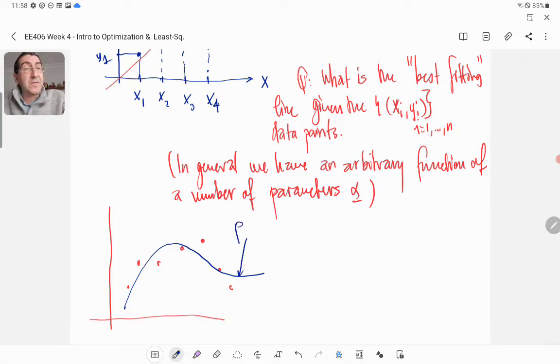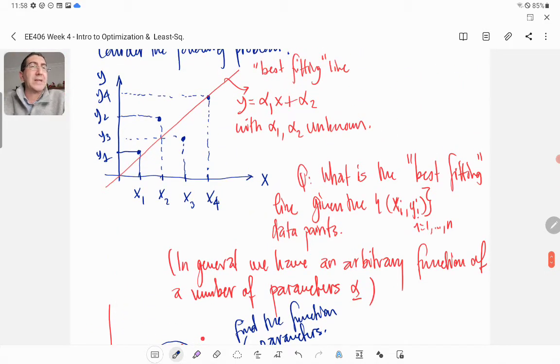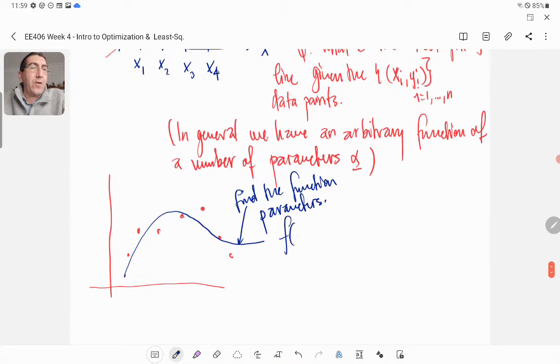So find the function parameters, okay? So if it's parametric, that means you know the structure. Like in this case, we know that this is our line formula, and we know that it's a line. Only alpha 1 and alpha 2 are unknown. You can also have here f of alpha 1 to alpha n, and if this is x, it's also a function of x.